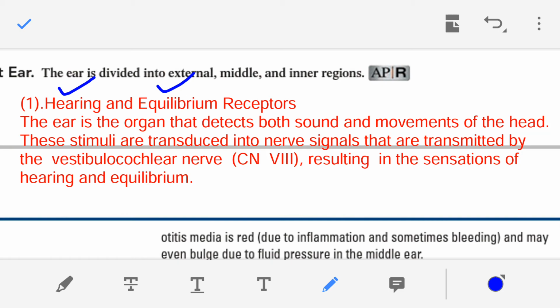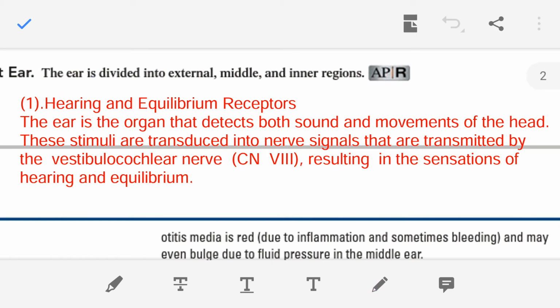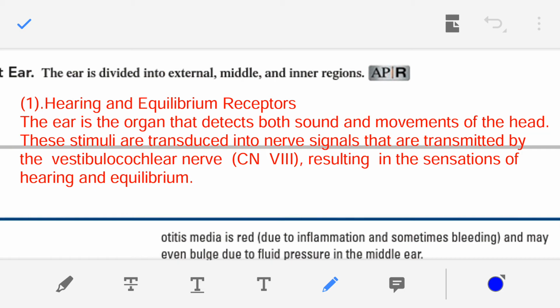The ear is the organ that detects sound, and the ear is the organ that detects the movement of the head. So it is due to the ear that we can have the sensation of sound and the movement of the head. That means the balancing of our body. So for the balance of our body, the ears are responsible.